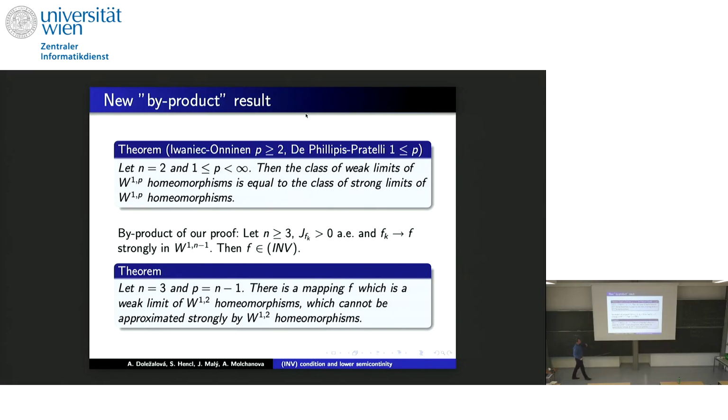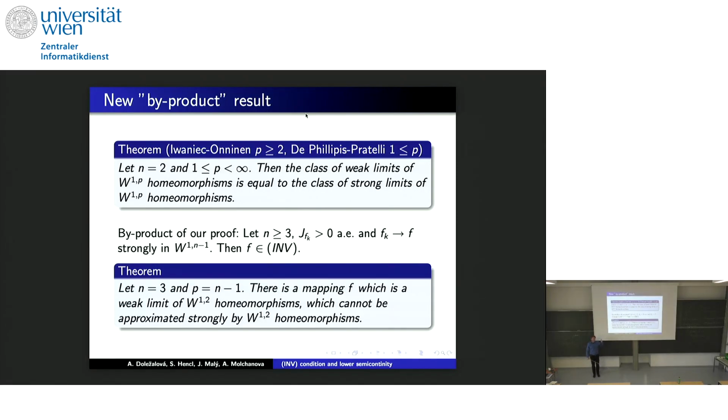But what we were also able to prove, with essentially the same proof, is that if we are in dimension 3 and we converge strongly in W^{1,n-1}, then the limit satisfies the INV condition, okay? Which means that our counterexample from the previous slide is a weak limit of homeomorphisms, but if it was a strong limit of a different sequence of homeomorphisms, it would have satisfied the INV condition.